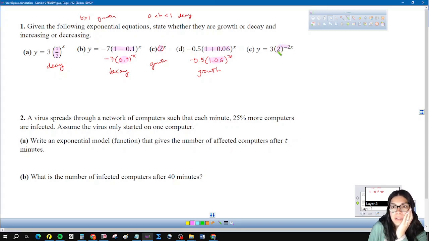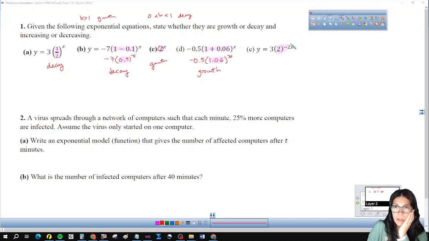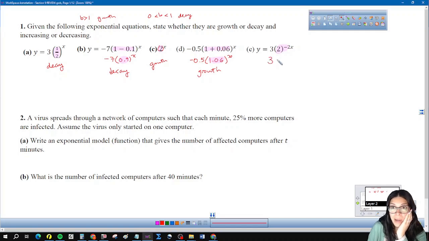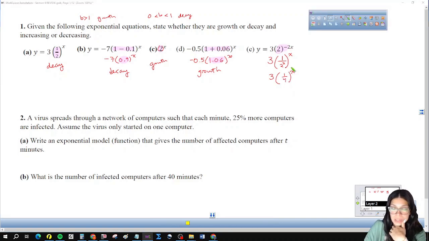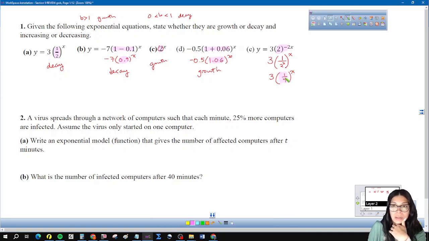So if we simplify this, as just power x, it would be 1 over 2 to the power of 2 with just the regular power x. In order to determine growth or decay, you really want to simplify that number. So 2 to the power of -2 will be 1 over 2 to the power of 2, which means that the b value is actually 1/4. And so this is actually decay.